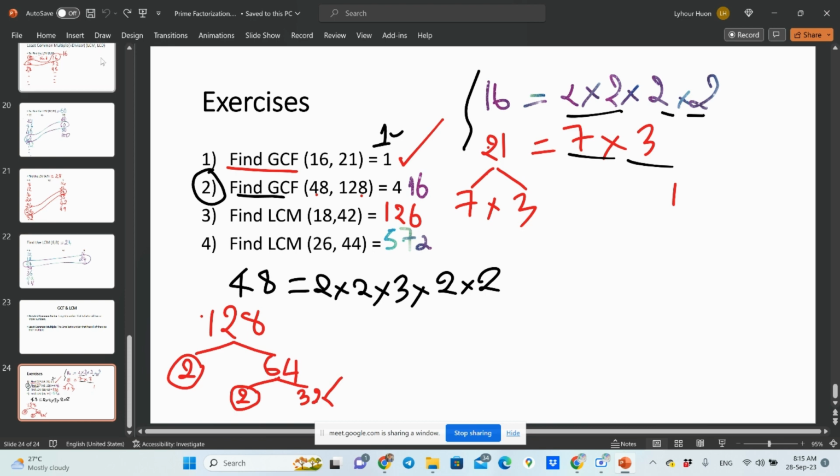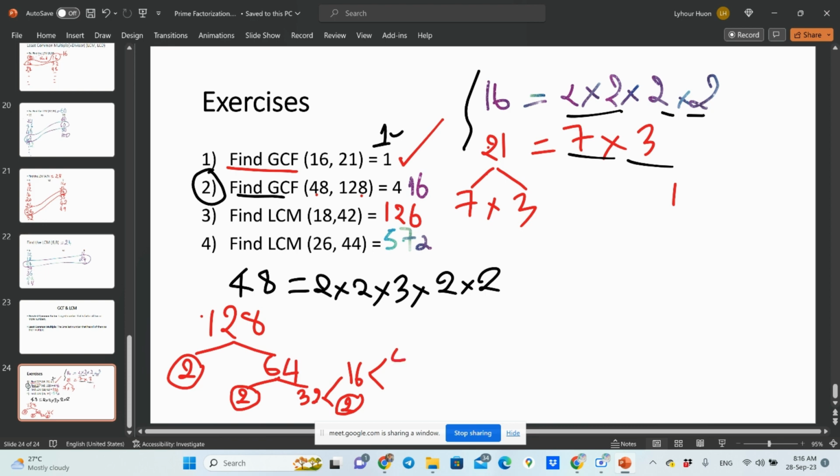So 32 to 16? Yeah, 2 and 16. 2 is prime, but 16 is not, so we break it more. 16 equals 4 times 4.